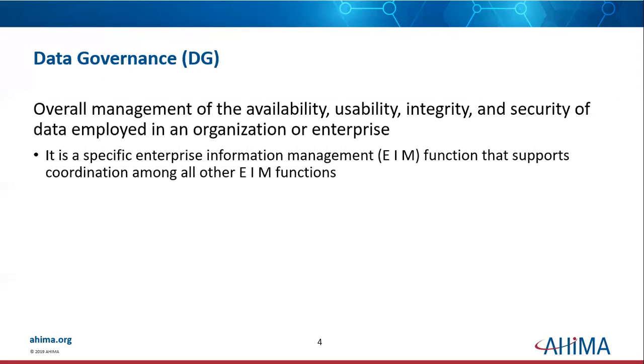Overall management of the availability, usability, integrity, and security of data employed in an organization or enterprise is actually falling under the auspices of data governance. It's a specific enterprise information management function that supports coordination amongst all EIM functions.